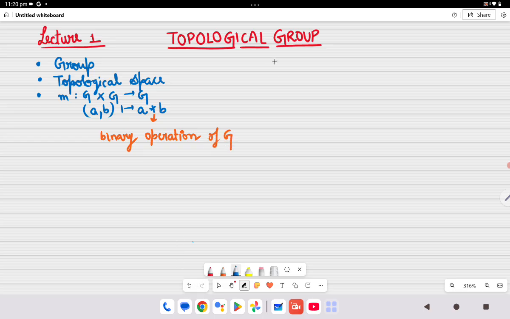And first of all, this multiplication map and the inversion map, which goes from G to G, where A is mapped to A inverse. So these maps, they both must be continuous.